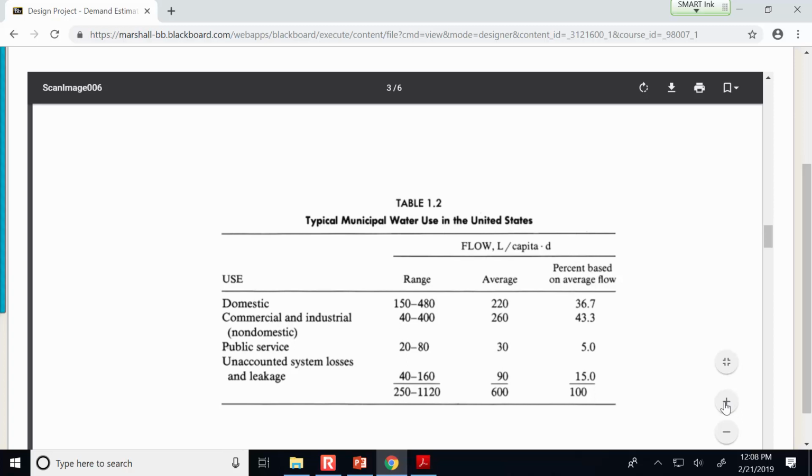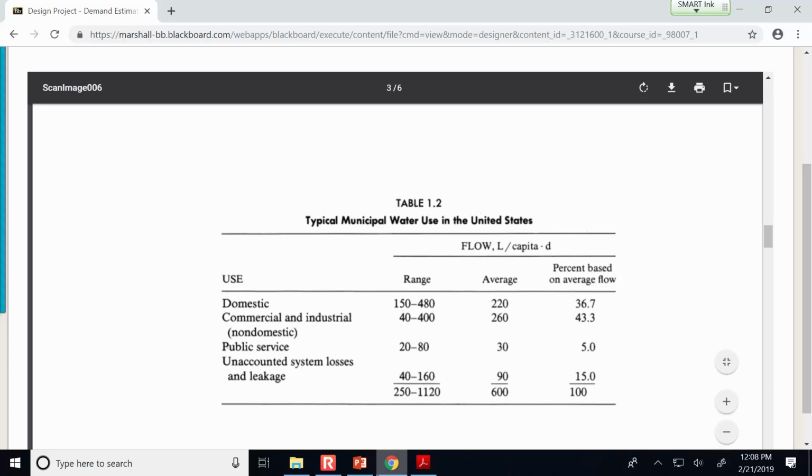But if you're assigned Las Vegas, Nevada, and you go online and find out for Las Vegas, Nevada, how much water do people use there? Rather than using the nationwide average per person demand, you go and find the actual demand for your place. And you'll notice one of the parameters on this table that I've given you is the population density.